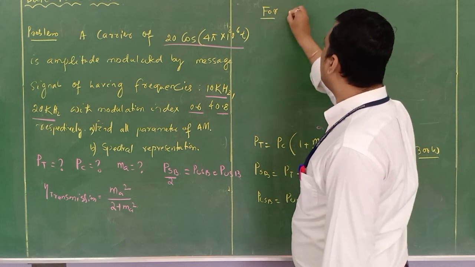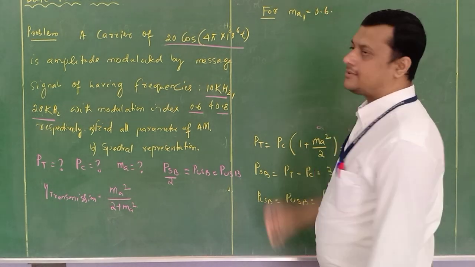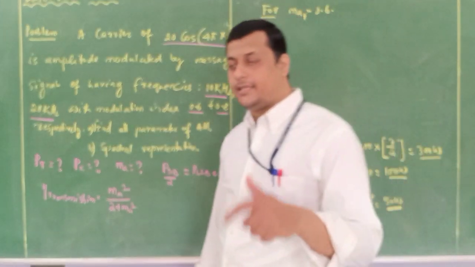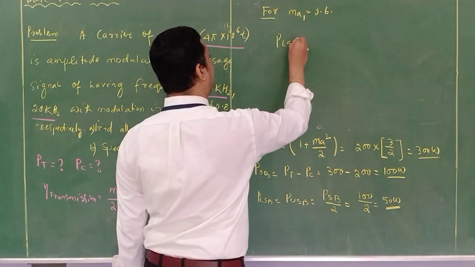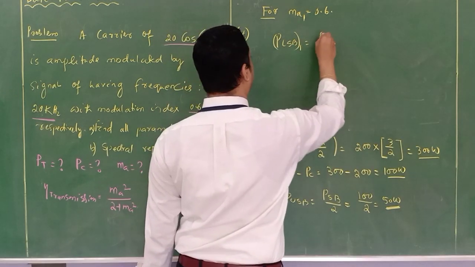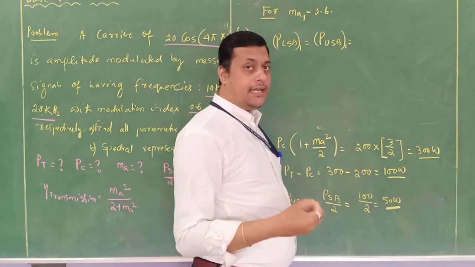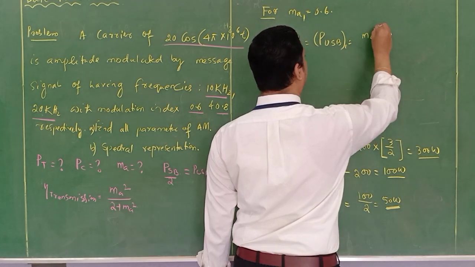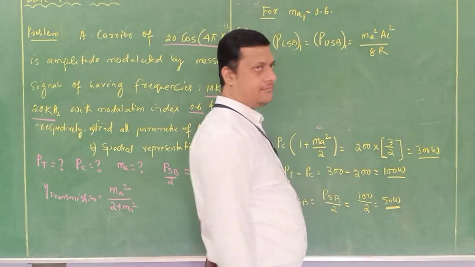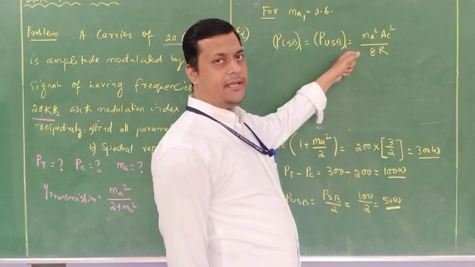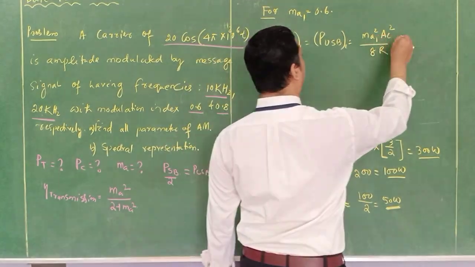For modulation index MA1, which is 0.6, as we know the power available in the lower sideband and upper sideband is equal, I will write P LSB1 equals P USB1, and the relation is MA square AC square divided by 8R. This is the power content of the LSB and USB.